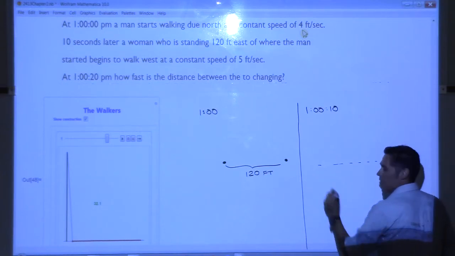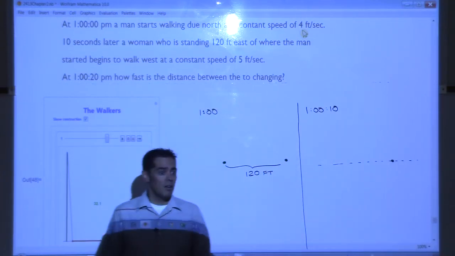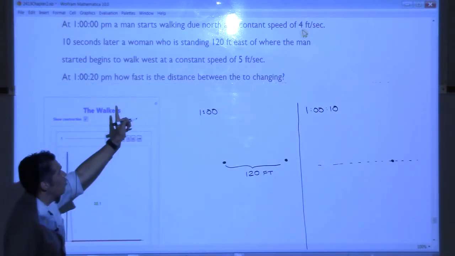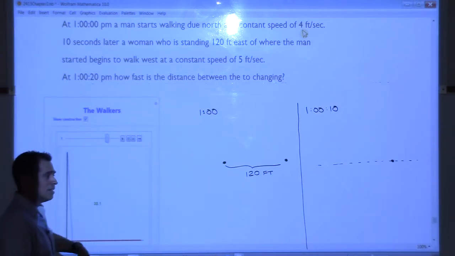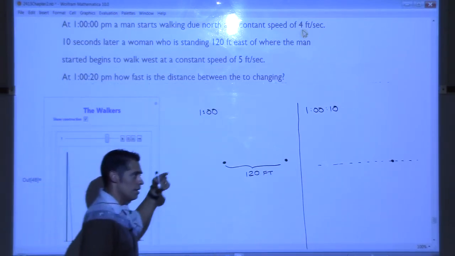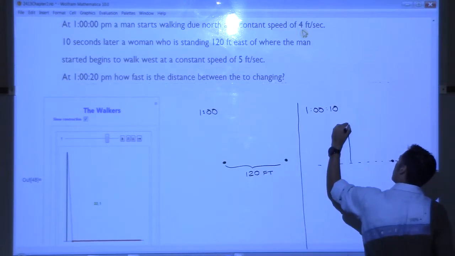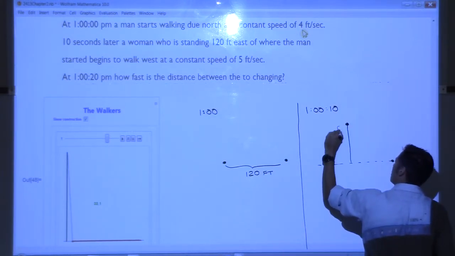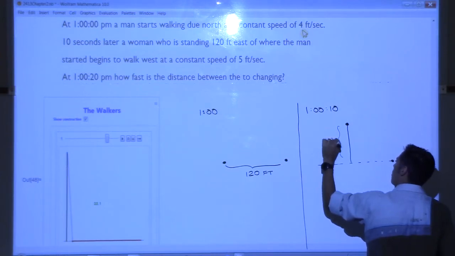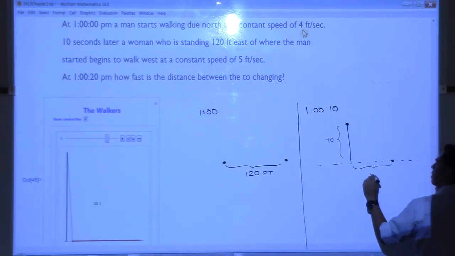But where is he? He's gone 40 feet that way because he's walking at 4 feet per second and 10 seconds have passed. So he's now up here, and this is not drawn to scale. That's 40, and this right here is still 120.